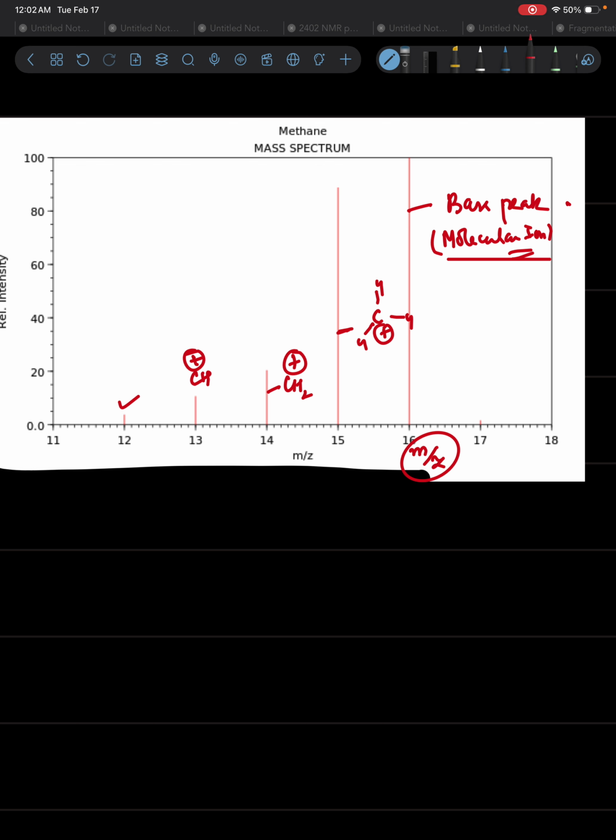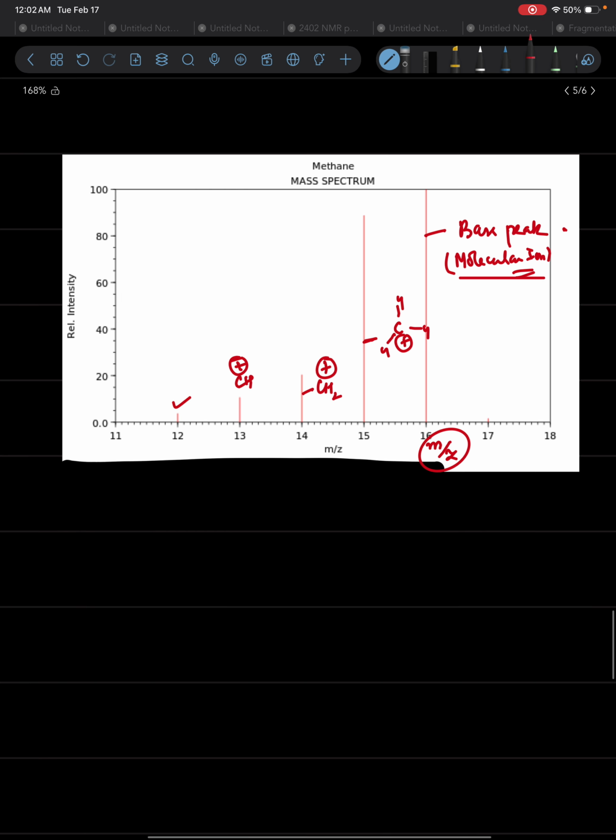Sometimes a molecular ion is very unstable, its lifetime is too small, so it keeps on undergoing fragmentation to give more and more daughter ions.